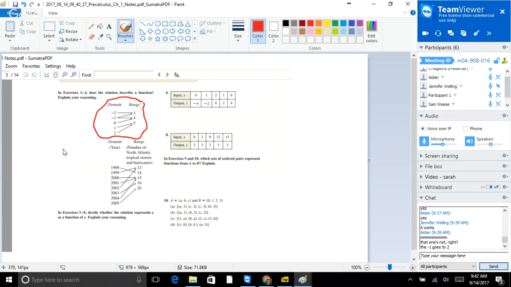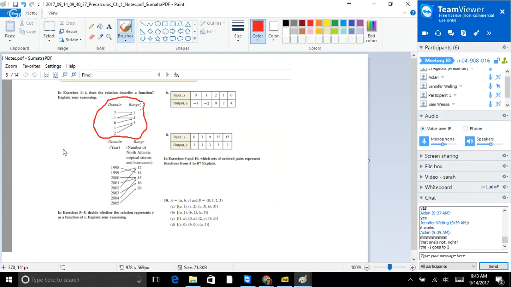So -1, you'll see, is matched to 3 and 4. So if I put in -1 in my function, I don't know if I'm going to get out 3 or 4. So that makes this not a function. As Aiden said, -1 goes to 2 different values in our range, so this makes it not a function.